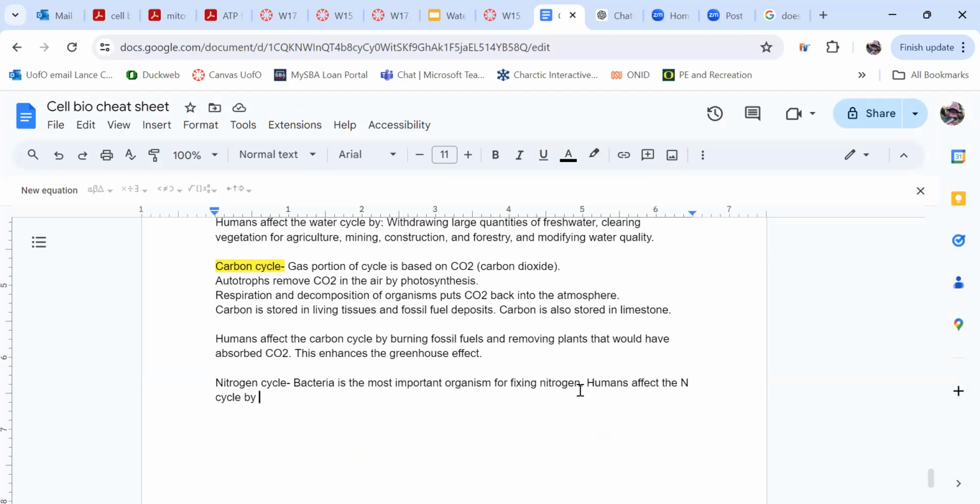Humans use too much nitrogen in their fertilizers, which ends up in the water supply. I'll just put N because in chemistry we just write nitrogen as N. You could write out nitrogen if you want, or you just put N. Too much nitrogen in fertilizers that end up in the water supply.